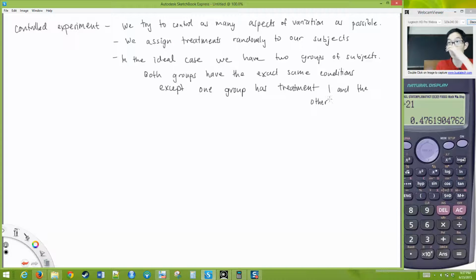And usually one of those treatments is the control, considered the control.